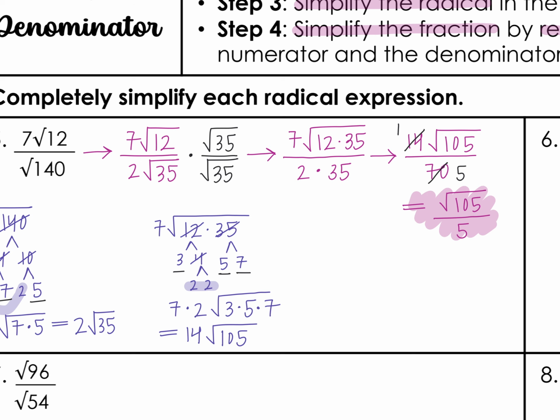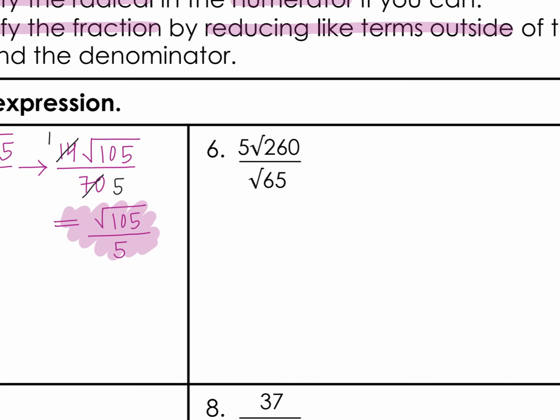All right, so moving into question number 6 here, we have 5 square root of 260 divided by the square root of 65. Okay, so going ahead, we can try and simplify, but the factors for that 65 are going to be 5 and 13, which won't give me any pairs. So I'm going to start off by rationalizing.